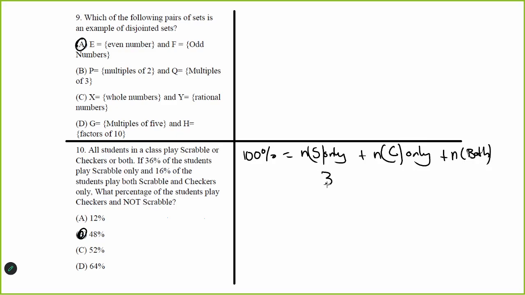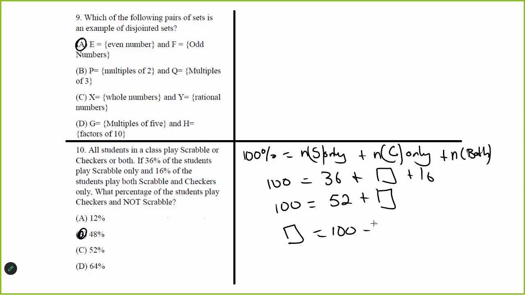Right, so that would be 36 plus some number plus 16 is equal to 100. This is 100 is equal to 52 plus some number. That some number would be 100 minus 52, which is in fact 48%. That would be the working for it.